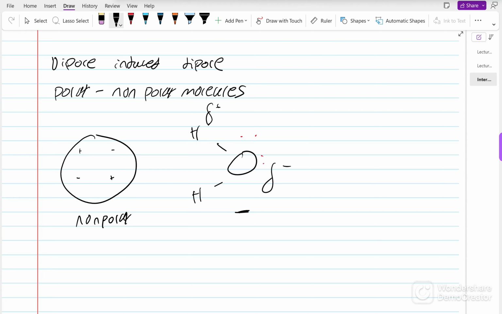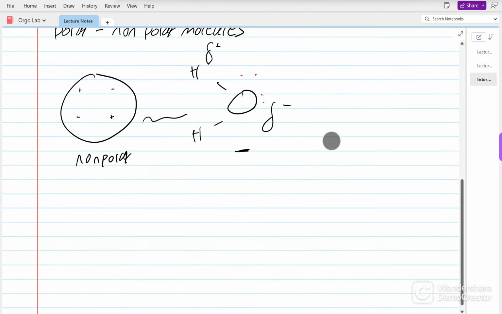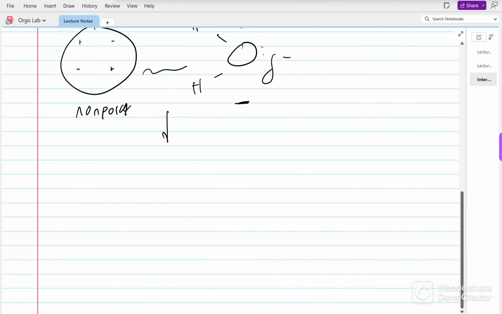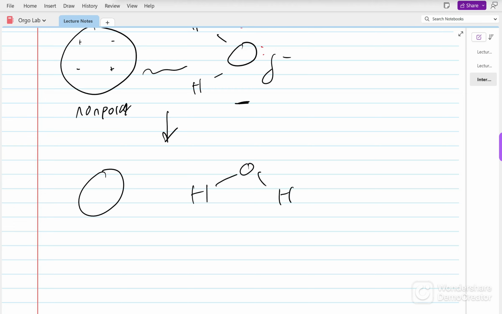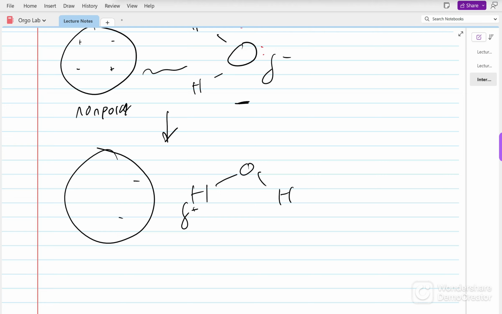What happens is these guys kind of bump into each other, and then our originally nonpolar molecule kind of orients itself. So let's say we've got our little hydrogen here, which we know has a slightly positive charge. Most of the negative charge is going to want to go to this side, and then you're going to get, like the name suggests, an induced dipole.